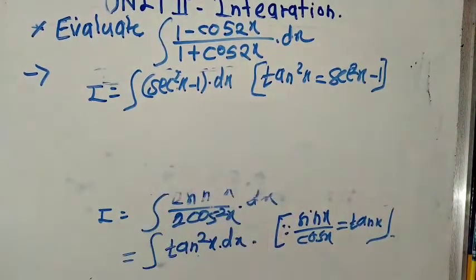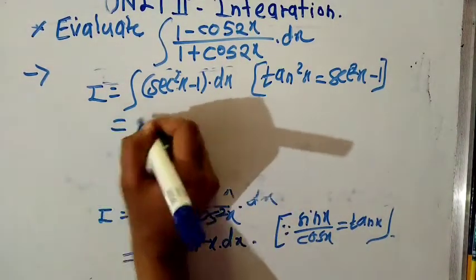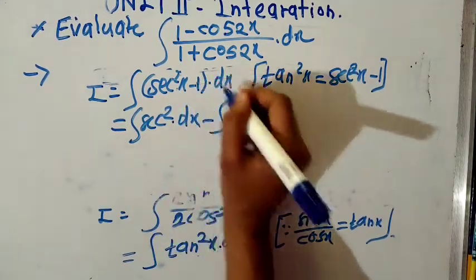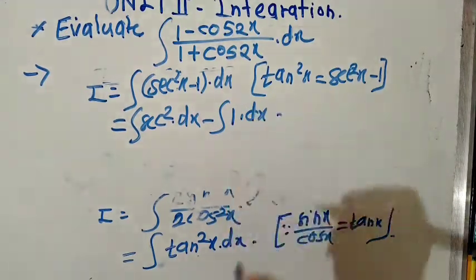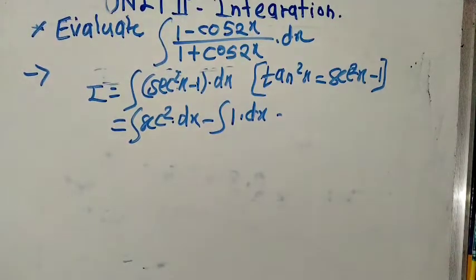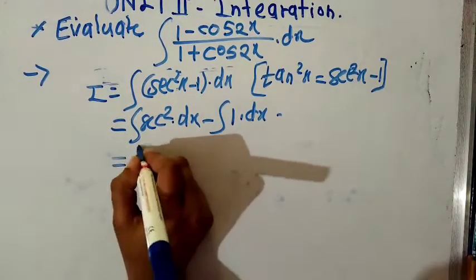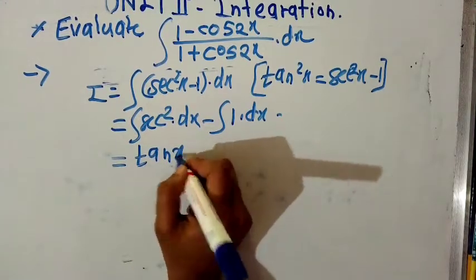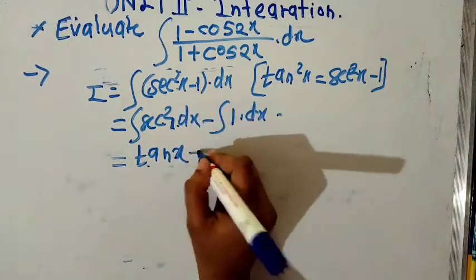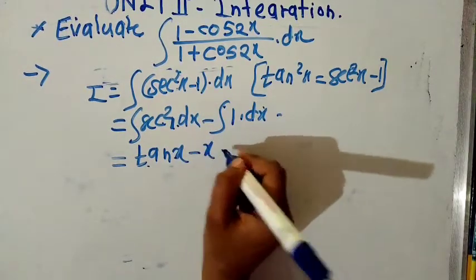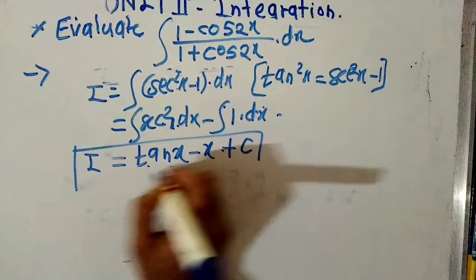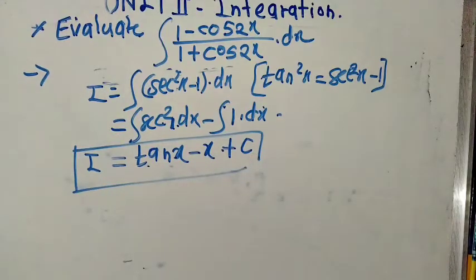Then separate this term: integration of sec square x into dx minus integration of 1 into dx. But integration of sec square x is tan x, because derivative of tan x is sec square x, minus integration of dx is x plus c. Hence I is equal to tan x minus x plus c.